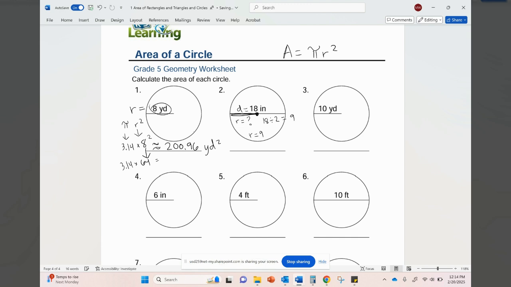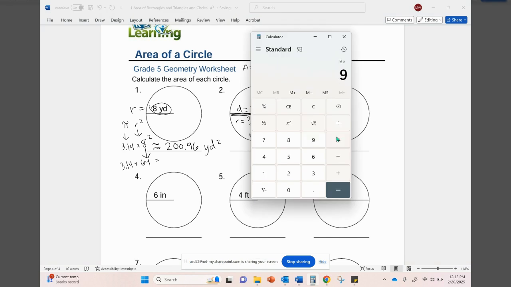And now we can just plug that into our area formula. So area equals pi r squared. Pi is 3.14. R is 9. And then we got our 9 squared, our little 2. Again, if you want to put that in your calculator, just 3.14 times 9 squared, it'll give you the answer. But if you don't have a special calculator, like I don't right now, we have to do it the long way.